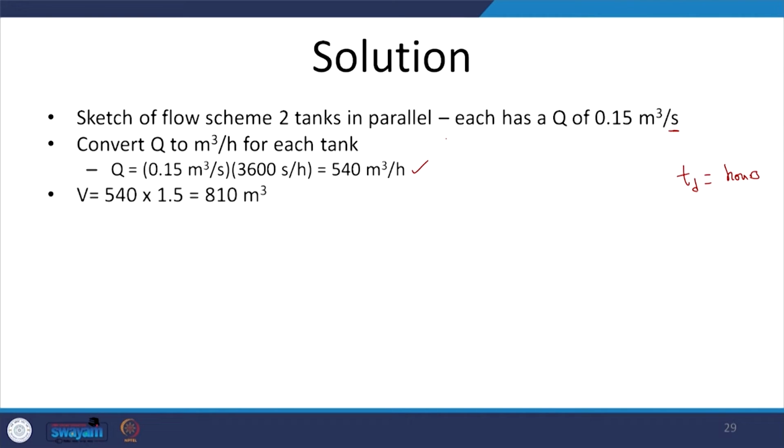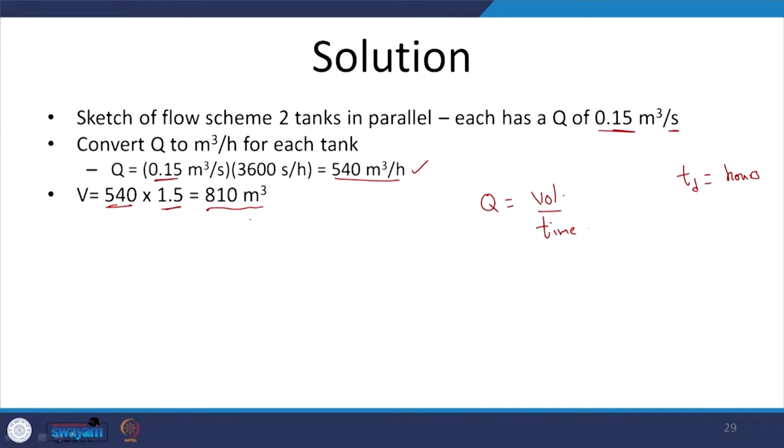Q is equal to volume per time, so to calculate volume, I multiply Q, the flow rate, with the time and I get the volume of the tank. This is the volume for each tank because the flow rate that I have used is the flow rate through each tank.